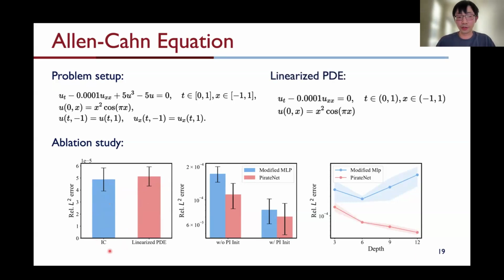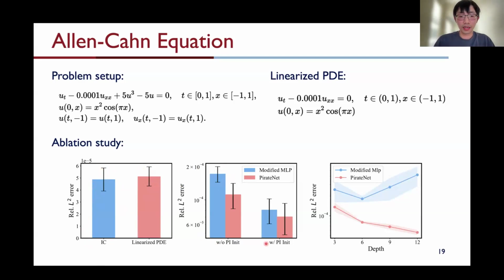Here, IC means we initialize the last layer to fit the initial condition, and linearized PDE means we initialize the last layer to fit the solution to the linearized PDE, which is a simple heat equation with very small diffusivity. You can see there are no differences. So in the rest of the benchmarks, I simply fit the initial conditions to initialize the last layer.